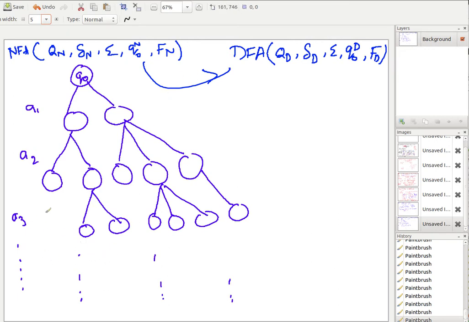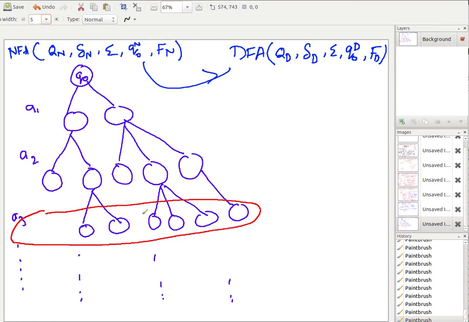Assuming that this is the final state, how do we decide whether the NFA accepts or not? The decision is made based on looking at the last level of the NFA tree and checking whether any of the states you are able to reach on that level is final. If so, you say that branch is final and you should be accepting it on the NFA.